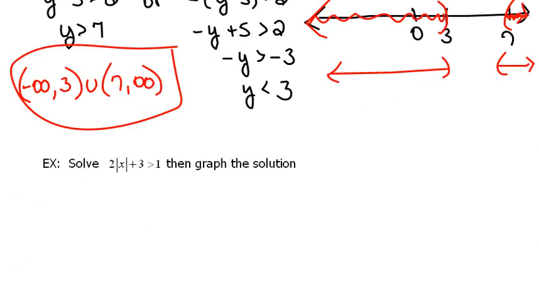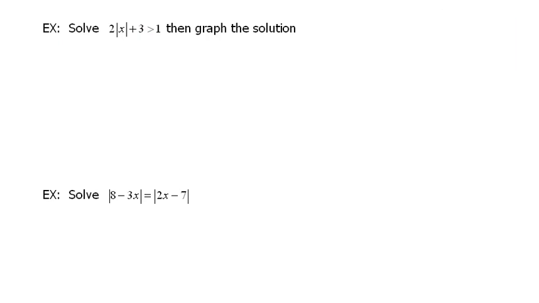Now, another interesting situation that comes up sometimes looks something like this. Here we have 2 times the absolute value of x plus 3 is greater than 1. So what we need to do first is get our absolute value alone so that we can work with it.